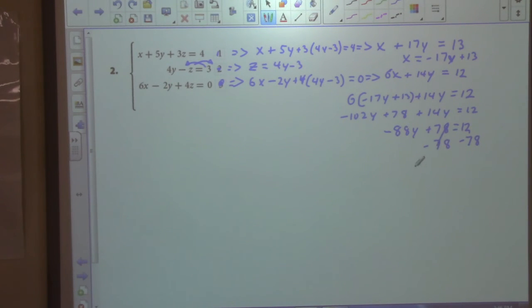So we get negative 88y equals negative 66. Is that right? Yes. Then divide out. What is y going to be equal to? 3/4.